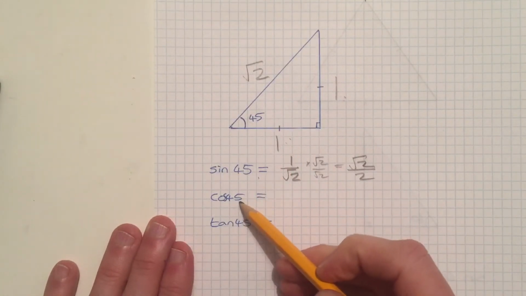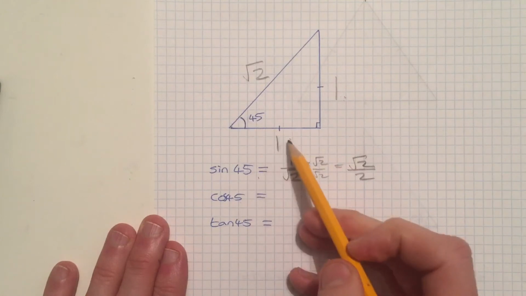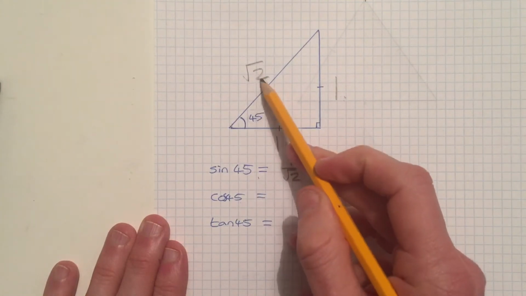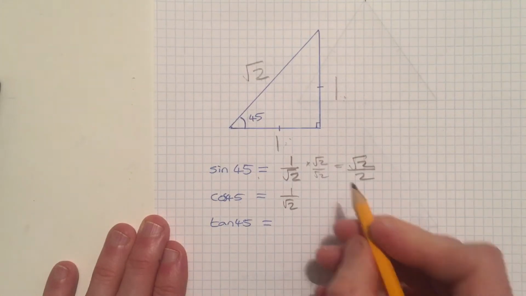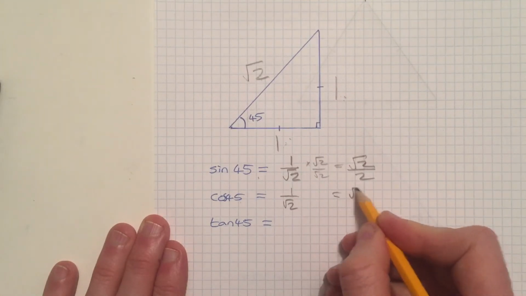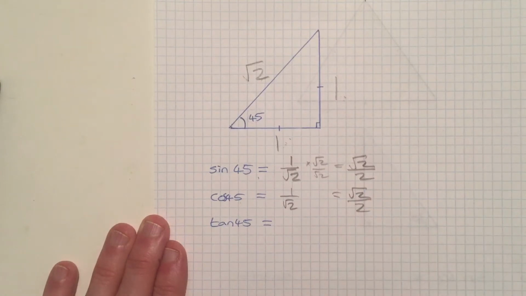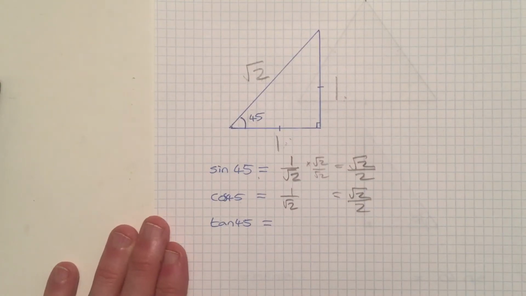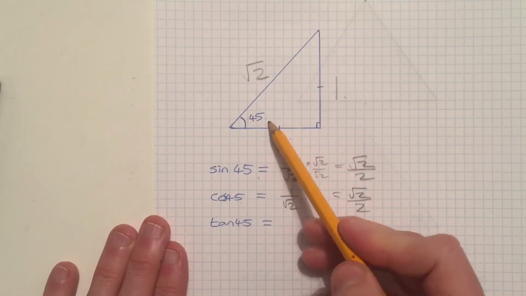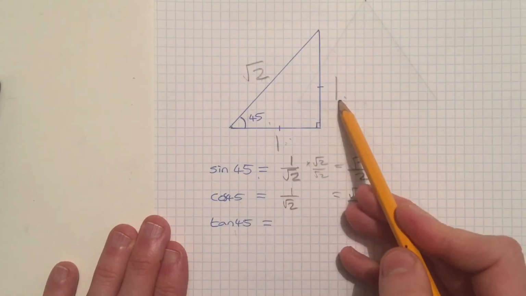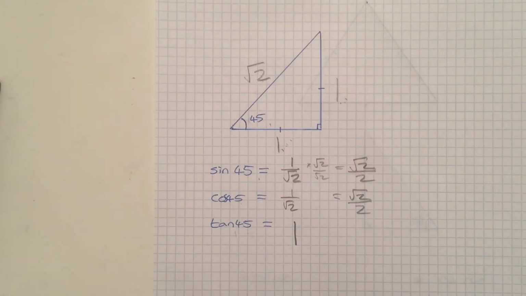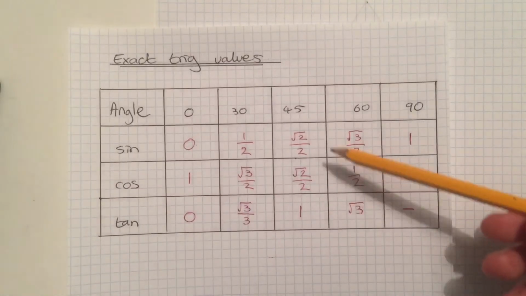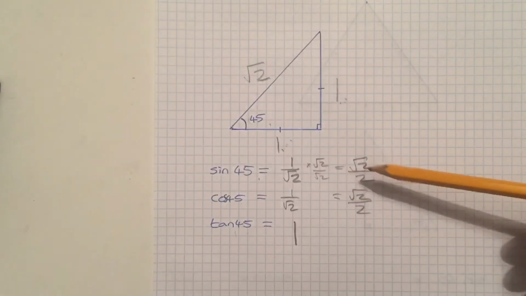Cos 45. Cos is the adjacent divided by the hypotenuse. So that's 1 over root 2 as well, and if we do the same thing, we get root 2 over 2. And finally, tan 45. That's the opposite divided by the adjacent. So 1 divided by 1 is 1. And so we can see clearly now where this column came from.